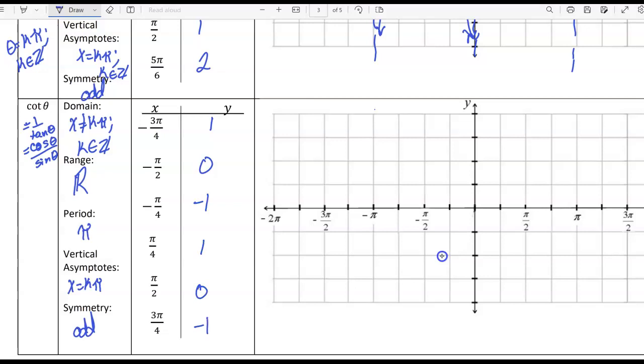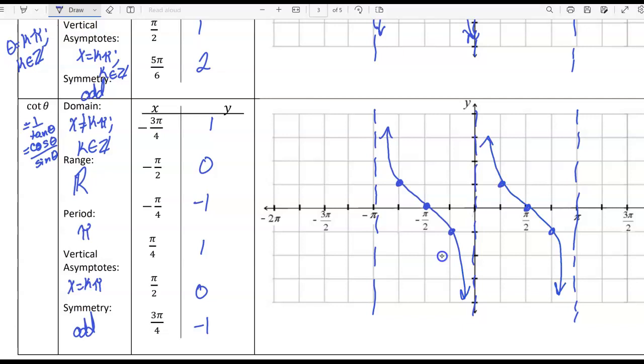If I were to quickly graph everything, it's going to look really similar to that tangent function there.